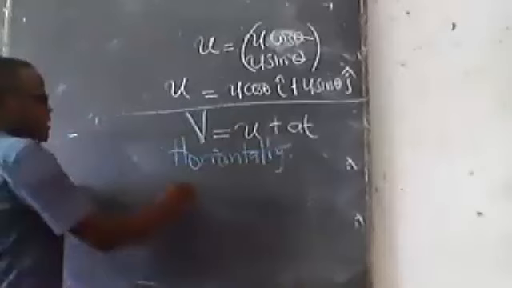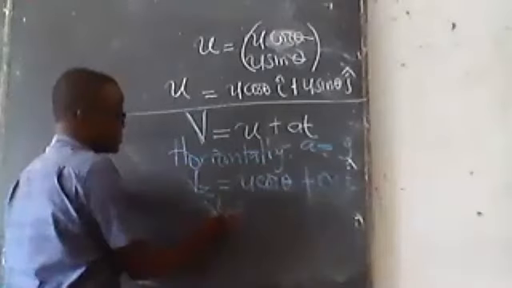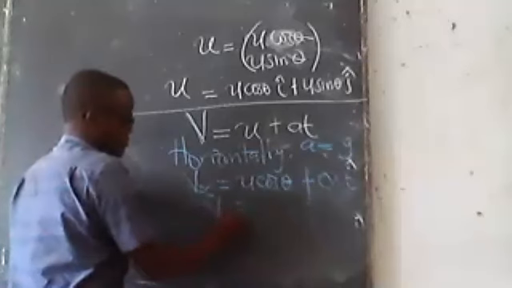It is not there horizontally. It only acts when we are dealing with vertical motion. So if I'm dealing with horizontal motion, then the acceleration due to gravity is 0 times t. So my horizontal velocity at any given time t is going to be u cos theta.